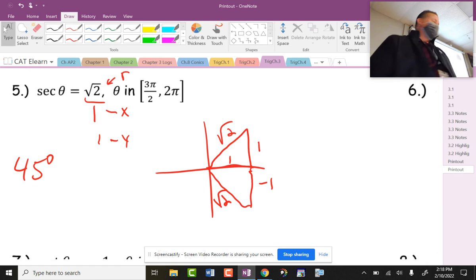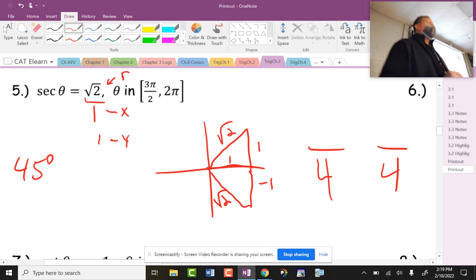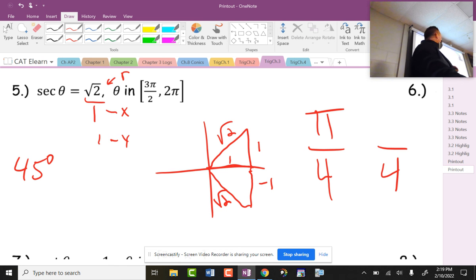Right, Sarah? Yeah. Okay. All right, and then so what's a 45 and over what? 3, 2, 1, go. And over what? 4. This is always hilarious. What's the quadrant 1 over 4? It's just pi. People sometimes get, wait, what's the quadrant? It's just pi. 1 pi over 2, 1 pi over 3, 1 pi over 4, 1 pi over 6.